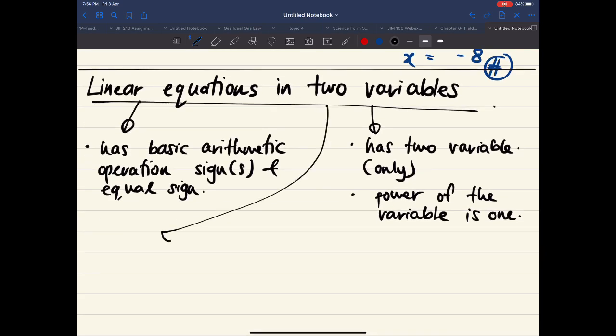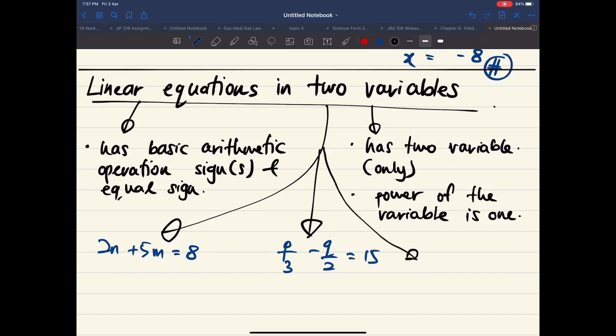Example, 2n plus 5m equals to 8. p over 3 minus q over 2 equals to 15. Then 6x plus y plus 8 equals to 18. So these are the examples.